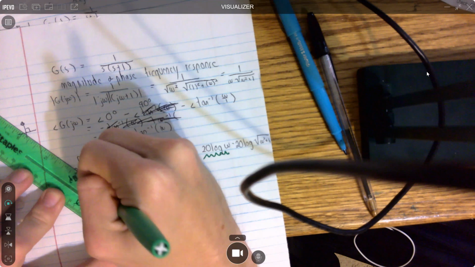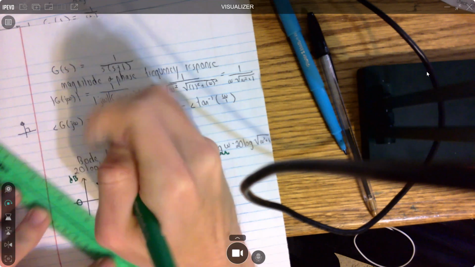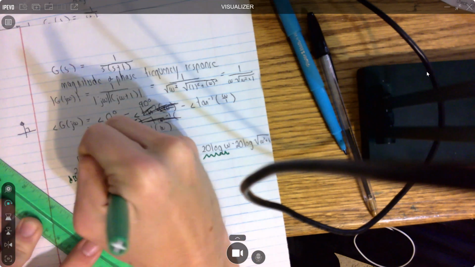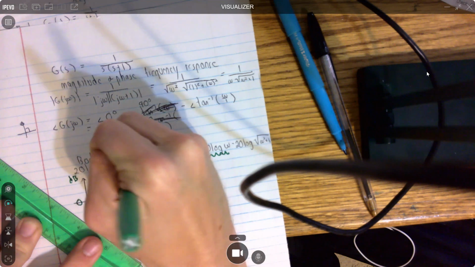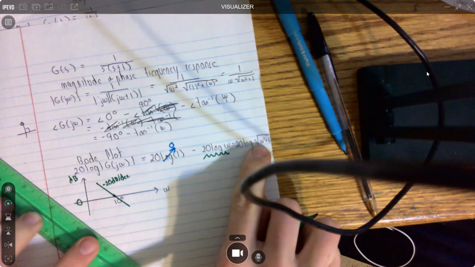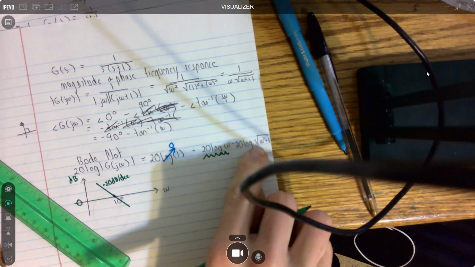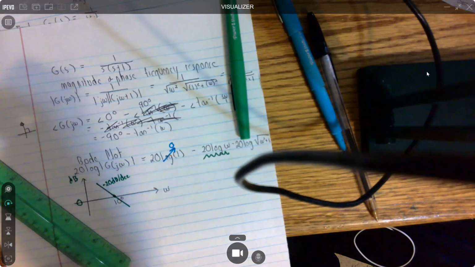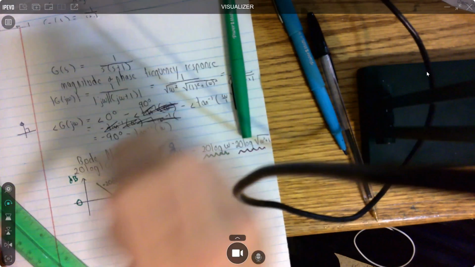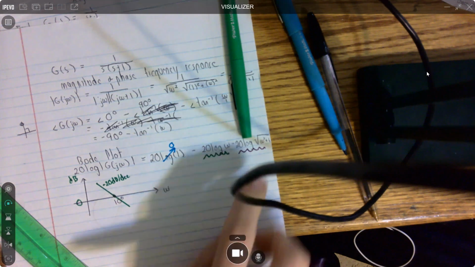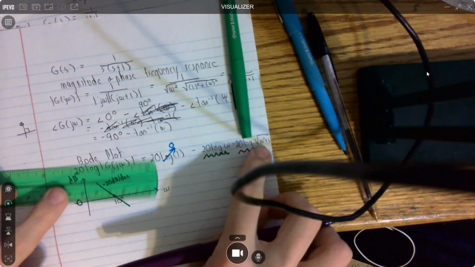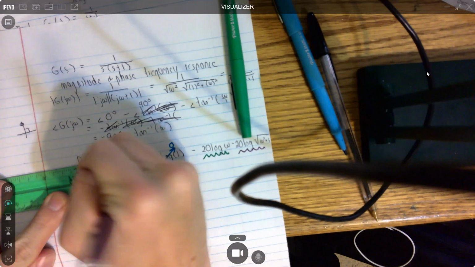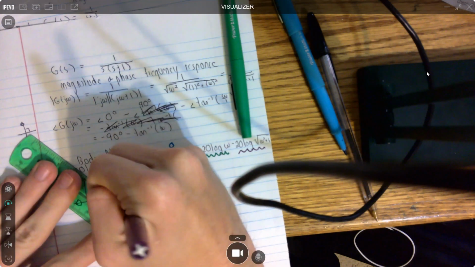So here, I'm just going to draw this. We know this is negative 20 dB per decade. Now, my other one here is going to occur at omega equal to 1. If we draw it out, before that it's just 0 dB, and then it gets a slope of negative 20 dB per decade.